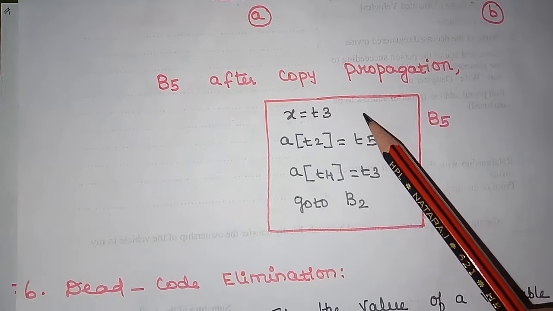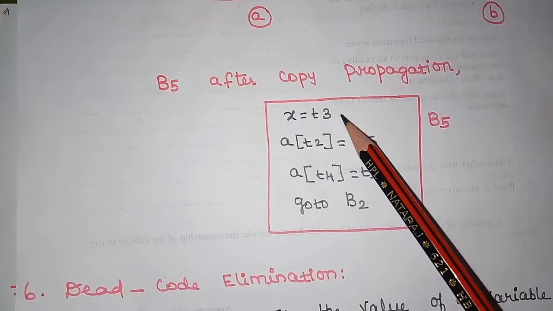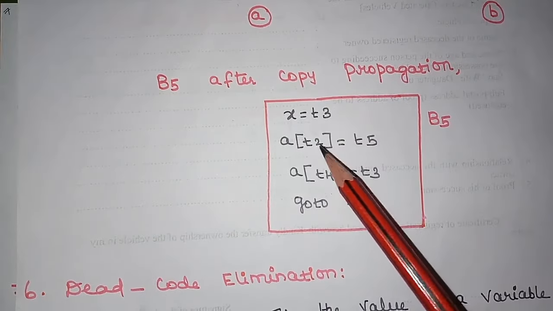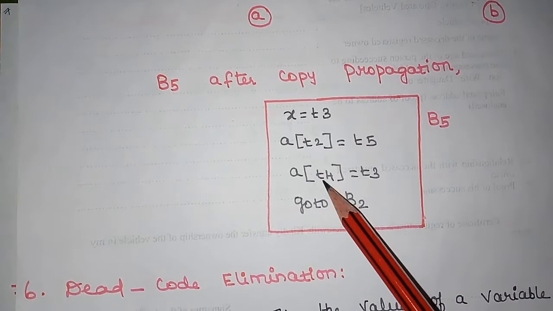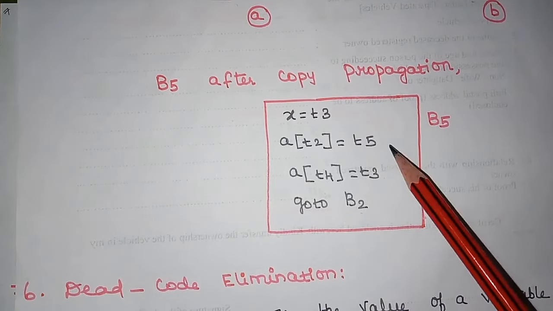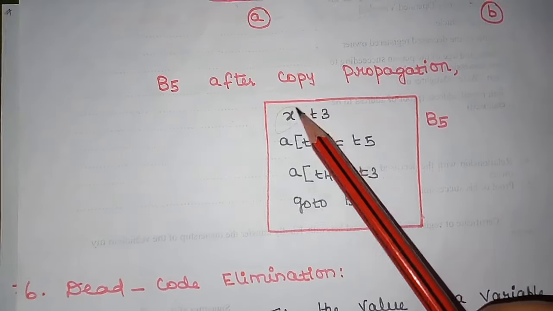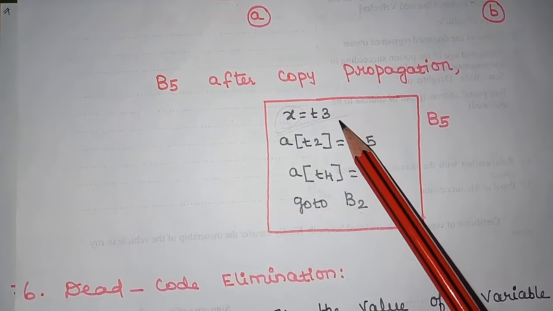If you look at the statements inside block 5, here we have x is equal to t3, which is a copy statement, and here we have a of t2 is equal to t5. And coming to the third statement, we have a of t4 is equal to t3 and go to b2. Inside this block we are not using the variable x at all, so this statement is not necessary here, right?